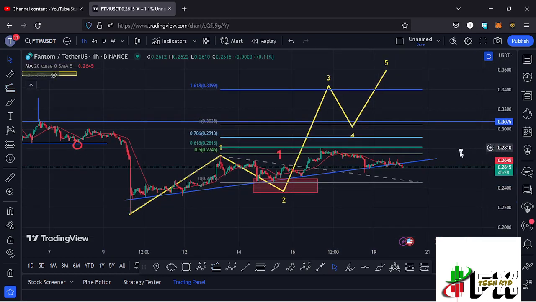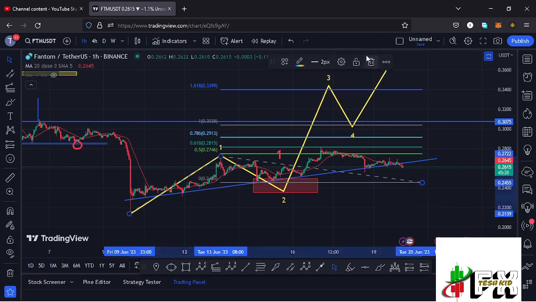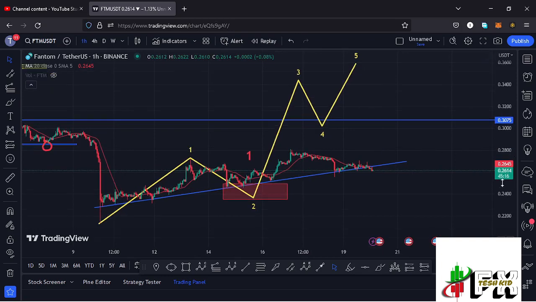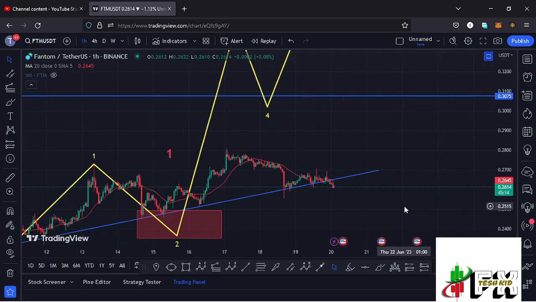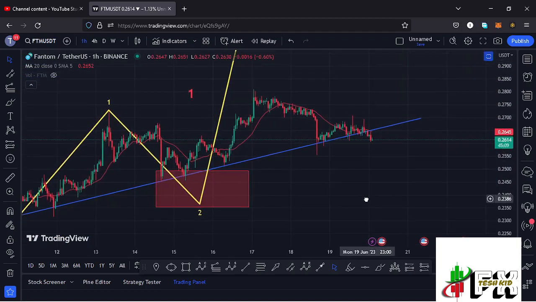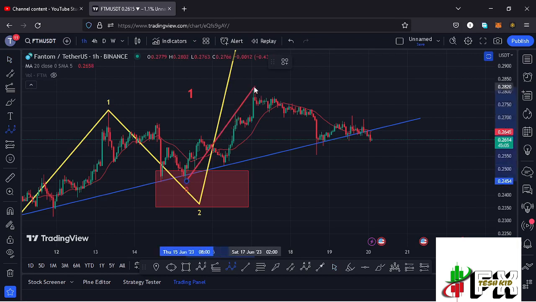And that is the minimum that we can expect Fantom to do once we continue gearing up in the formation of that wave 3. And because of the impulsiveness in the formation of this wave 3, I'm also expecting to see a 5-wave structure also play out within the formation of that wave 3. And I believe we are seeing such a scenario where we can term this as the first wave to the upside, then a second wave.